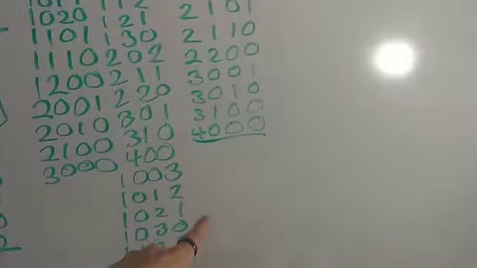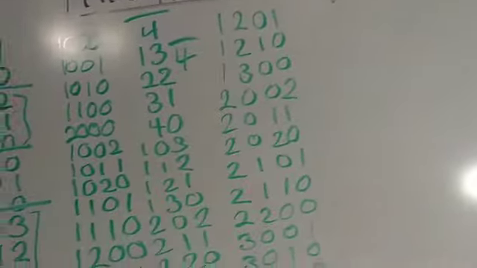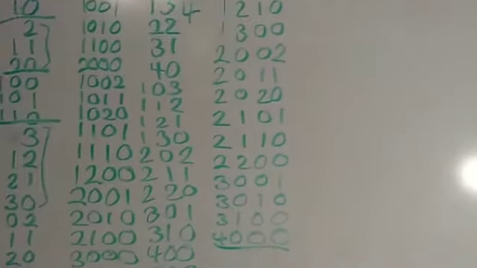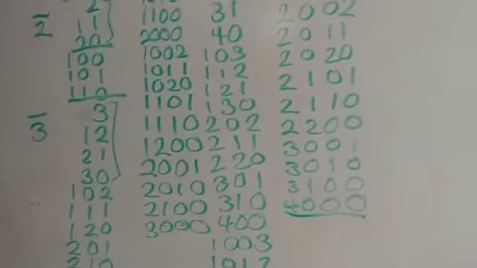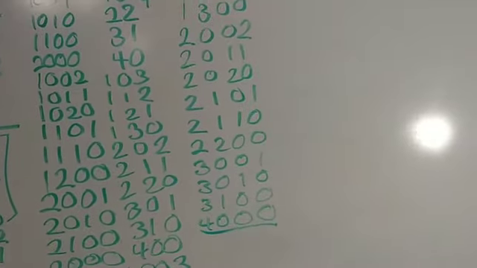From 4 to 4,000 is the 4 sequence. 5 would be from 5 to 50,000. 6 would be from 6 to 600,000. 7 would be from 7 to 7 million. And you capture all the numbers in between.